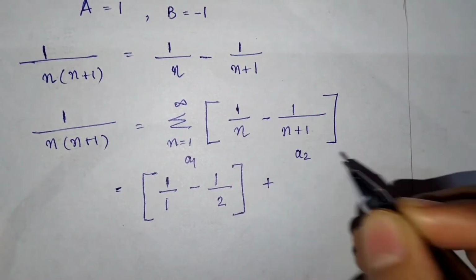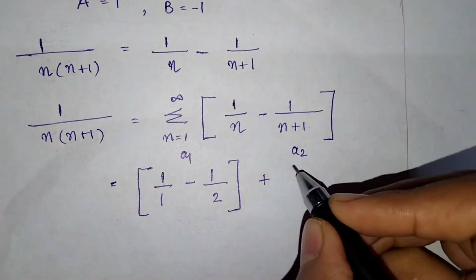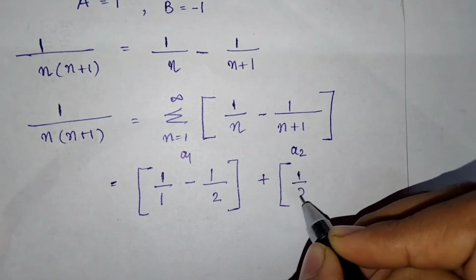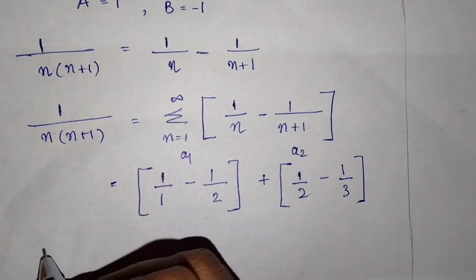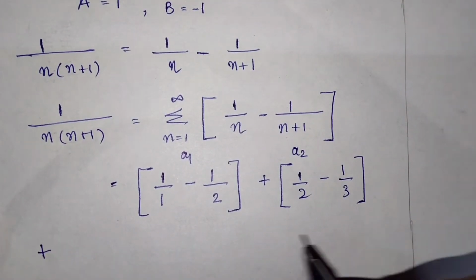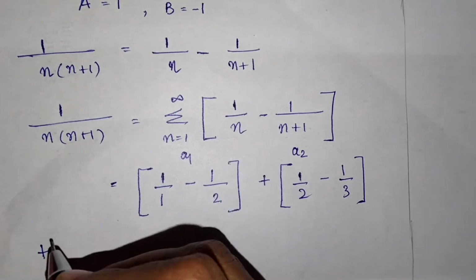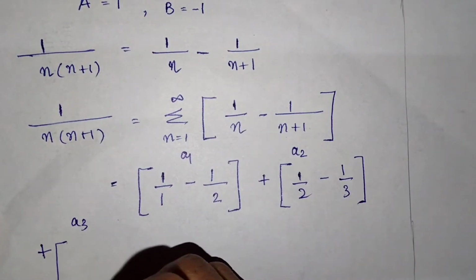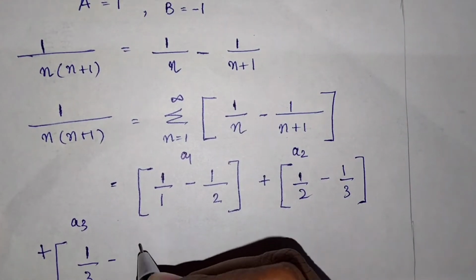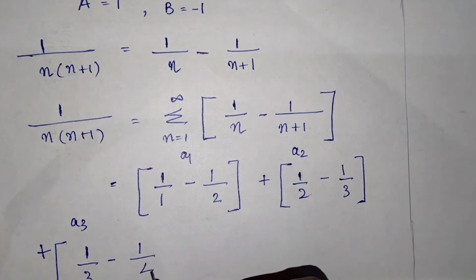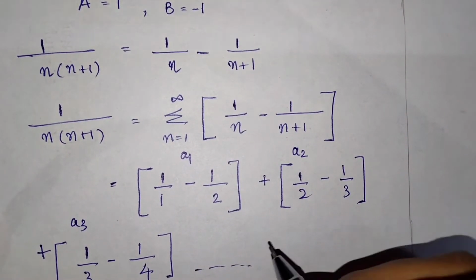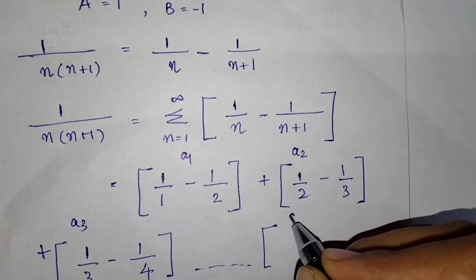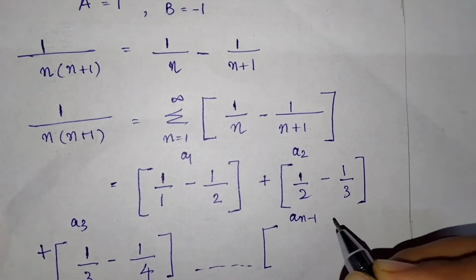Now if I substitute n equal to 2, then I will get 1 by 2 minus 1 by 2 plus 1, which is 3. So 1 by 3. Plus, when I substitute n equal to 3 here, that is A3, so 1 by 3 minus 1 upon 3 plus 1, which is 4. And it keeps on going, up to if I put n equal to n minus 1.